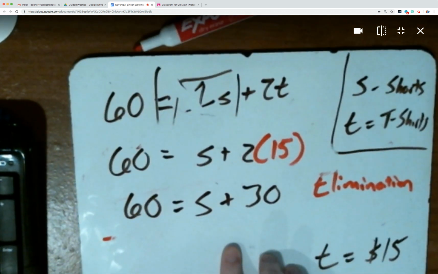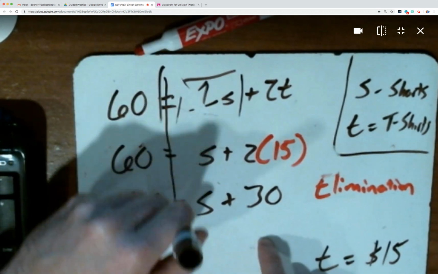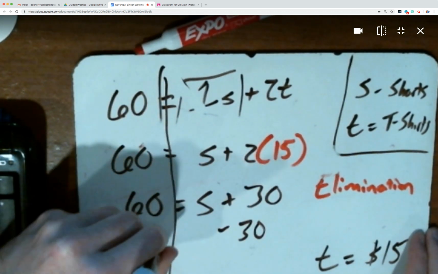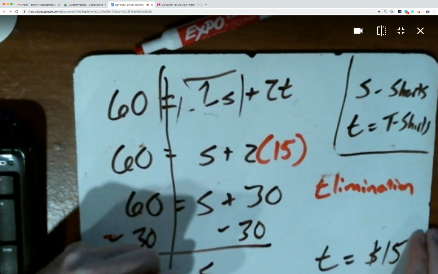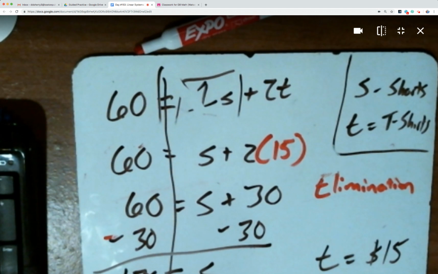At this point, we should realize that S is going to have a value of 30. We should be able to solve by inspection, but if we can't, we could use an inverse operation, subtract 30 on both sides. The shorts are going to be $30.